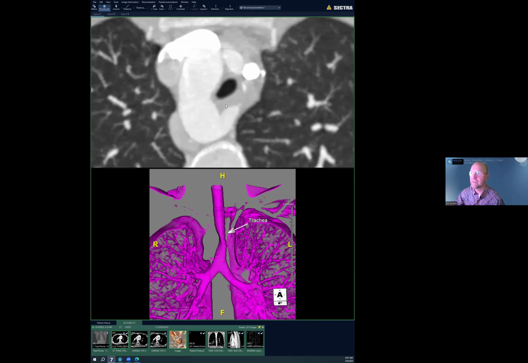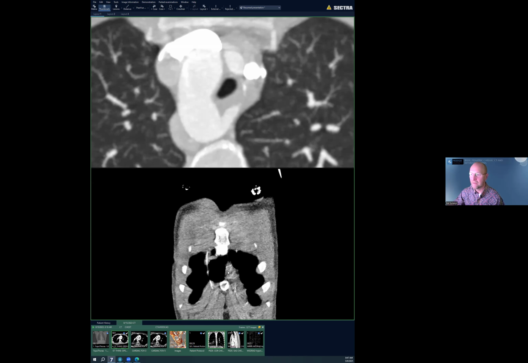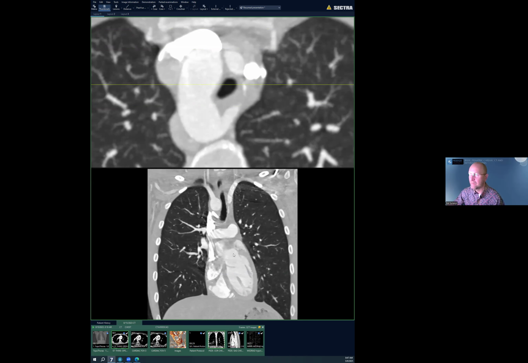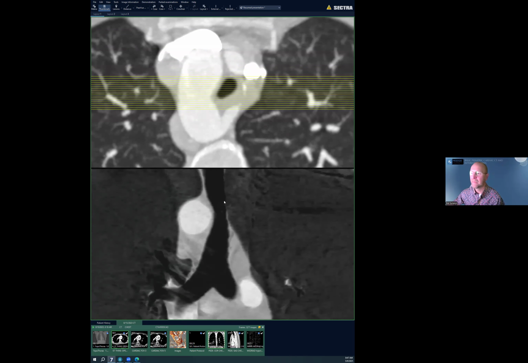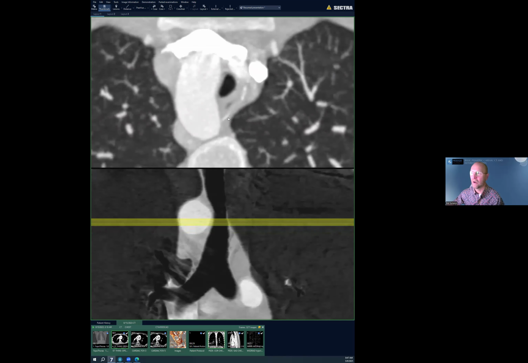In this case, we have a double aortic arch with an atretic left arch. And that creates a vascular ring, which is exactly the spot where this tracheal narrowing is. If you look at this particular image down here, and we put it in a minimum intensity projection, which sometimes is helpful to visualize the airways better, you can see that that focal narrowing of the airway is exactly at the level of that aortic arch and that double aortic arch.